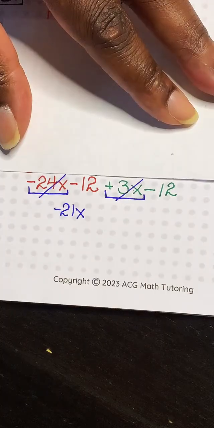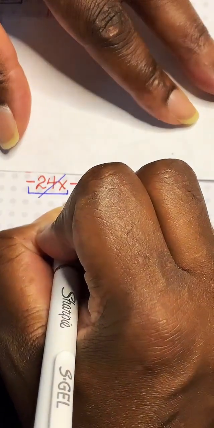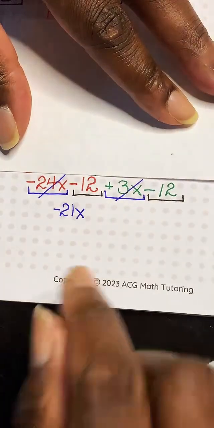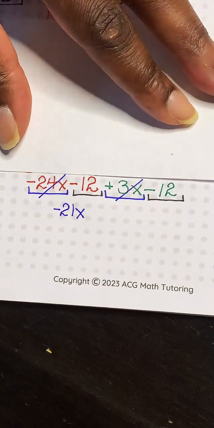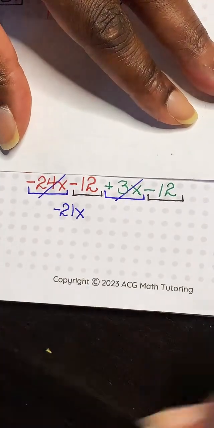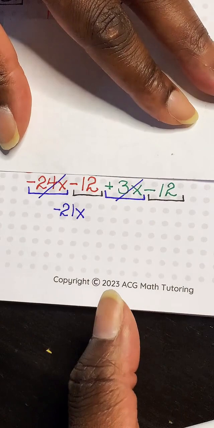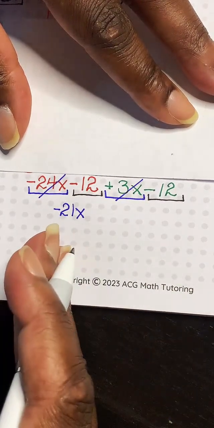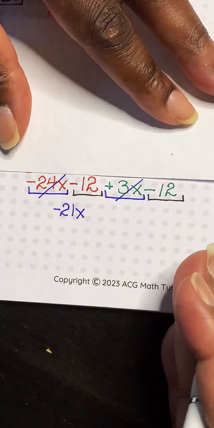So now we're taking a look at negative 12 minus 12. They do not cancel out. I see way too many people losing points because of that. Oh, 12, 12, boom, that's 0. No, slow your brain. The only way they can cancel out is if one is positive and one is negative.